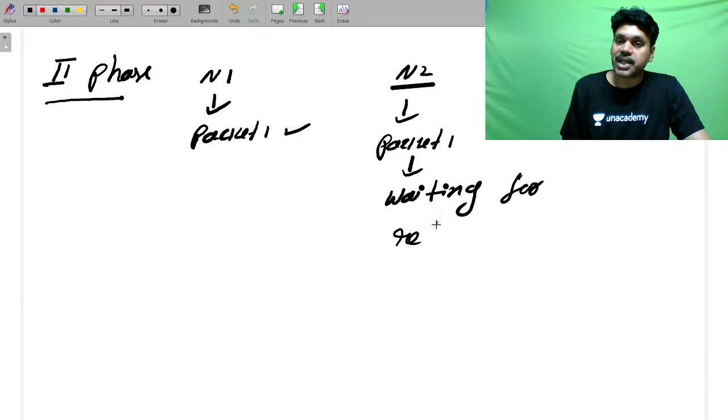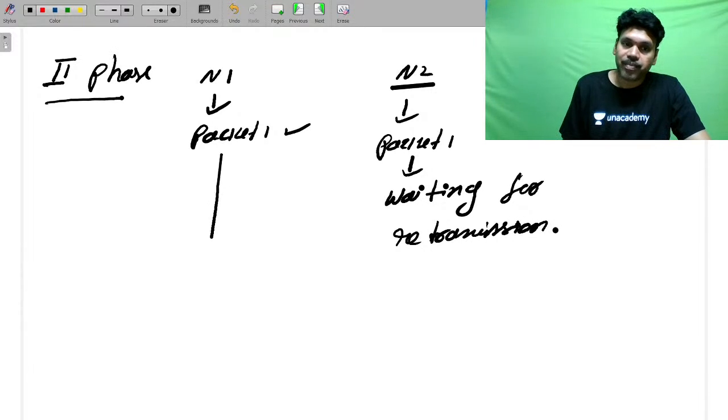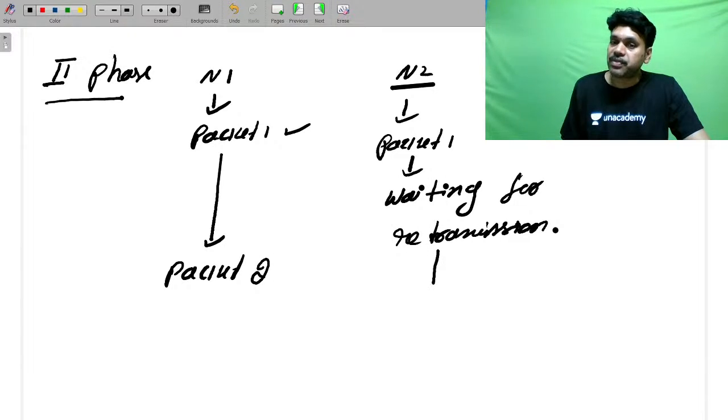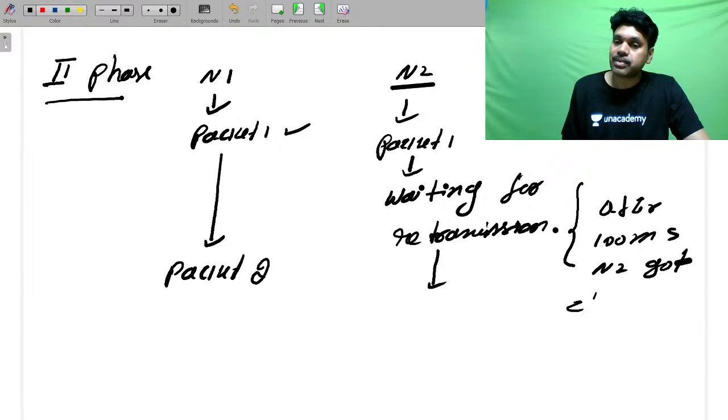So now N1 is releasing packet 2, the new packet. N2 is still waiting for retransmission. How long is it waiting? I already told you, after 100 ms, N2 got a chance and N2 retransmitted.